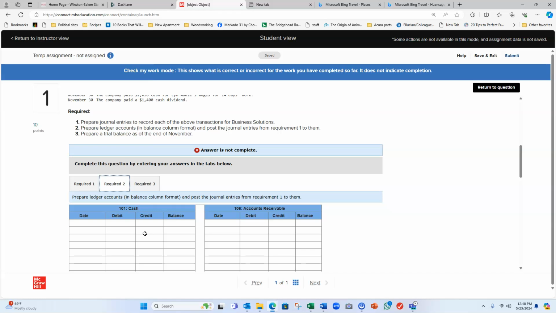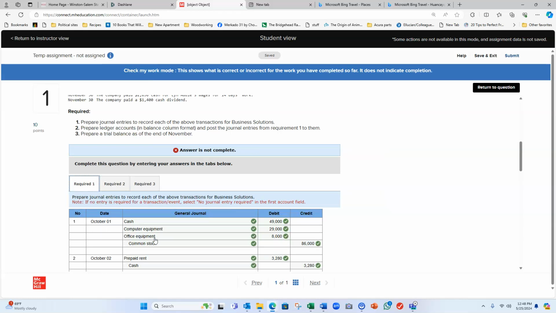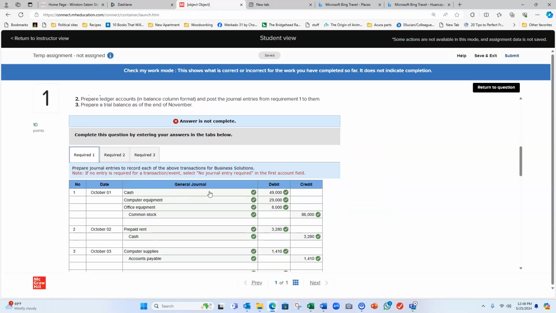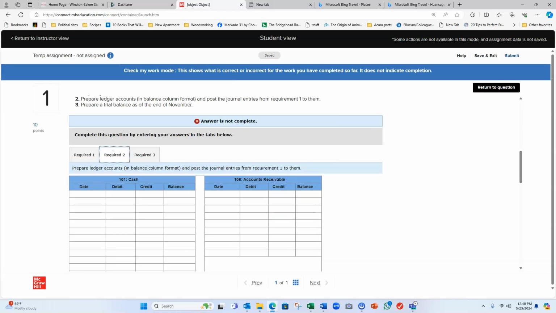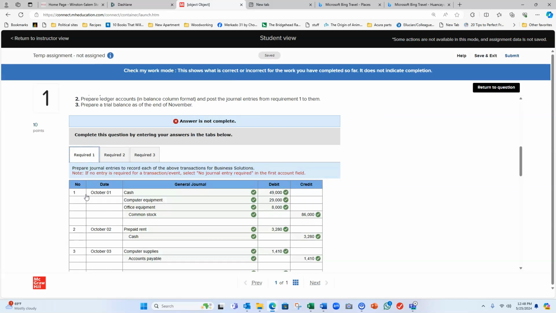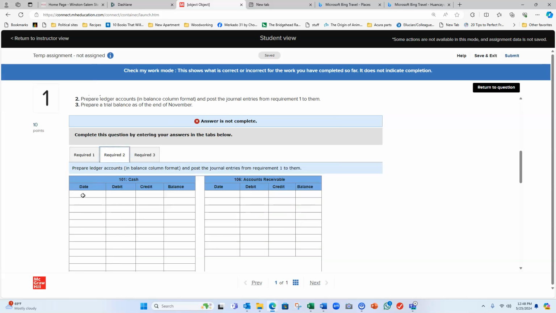And what we want to do is post each of these items one at a time. So the first thing is a debit to the cash account of $49,000. So, we'll get the date right, October the 1st.